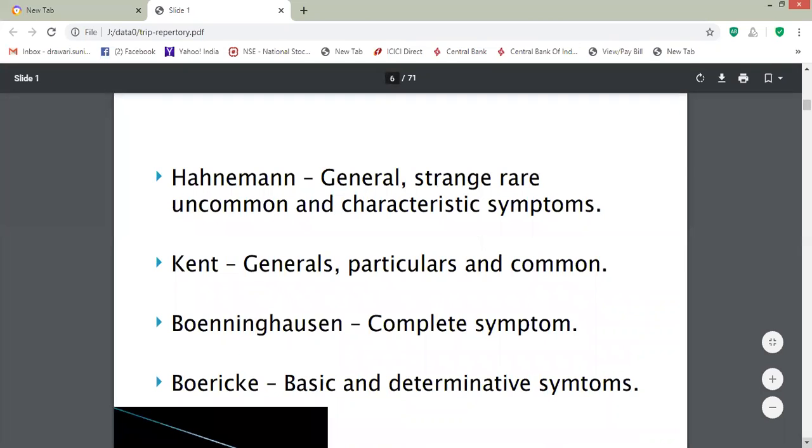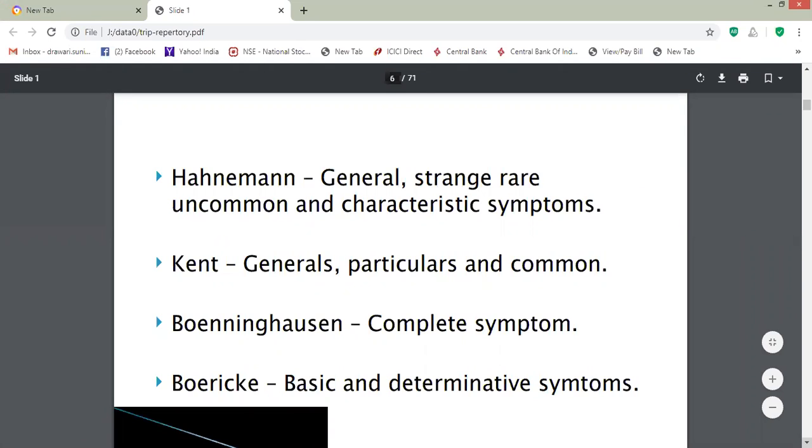Then, according to Dr. Hahnemann, he gave importance to general symptoms, then strange, rare, uncommon, and characteristic symptoms. Dr. Kent gave importance to general symptoms first, then particular symptoms, and then common symptoms. We all know these things.